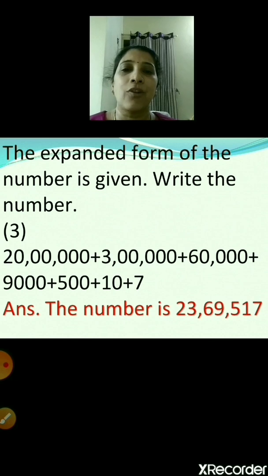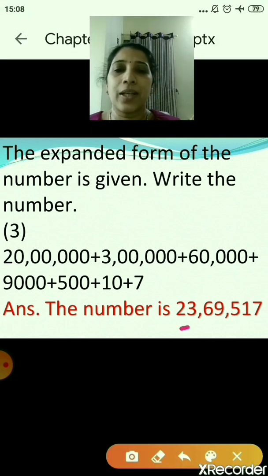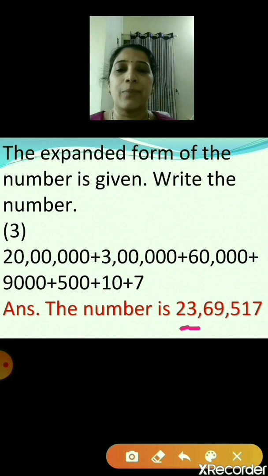Next is 3 followed by 5 zeros. So again, the first 0 in the units place, second 0 in the tens place, third 0 in the hundreds place, fourth 0 in the thousands place, fifth 0 in the 10,000s place, and the digit 3 is in the lakhs place. So after 2, your number 3 will come. Okay, children. So first we have taken number 2, then we have taken number 3.